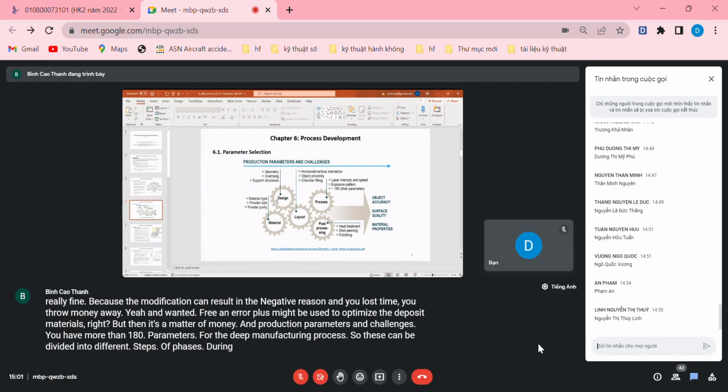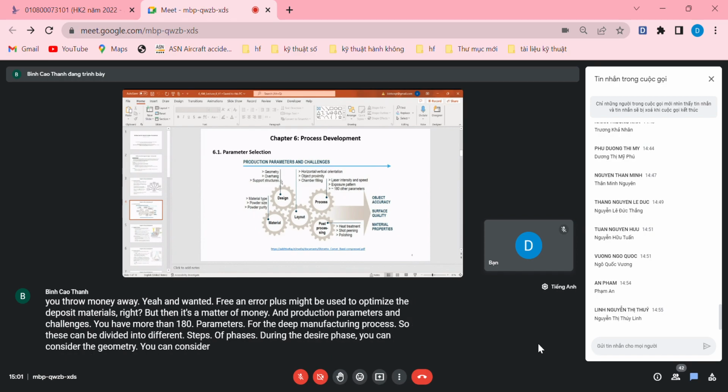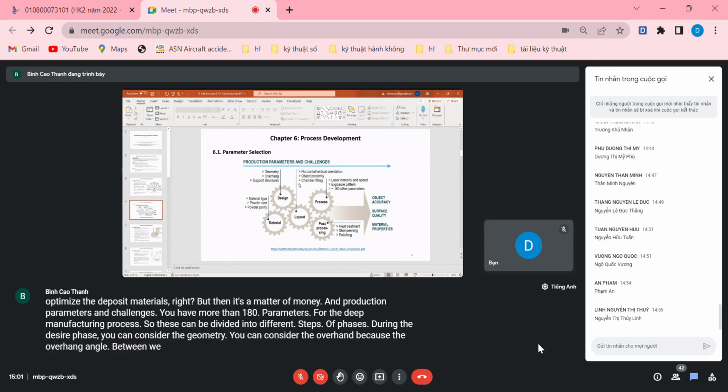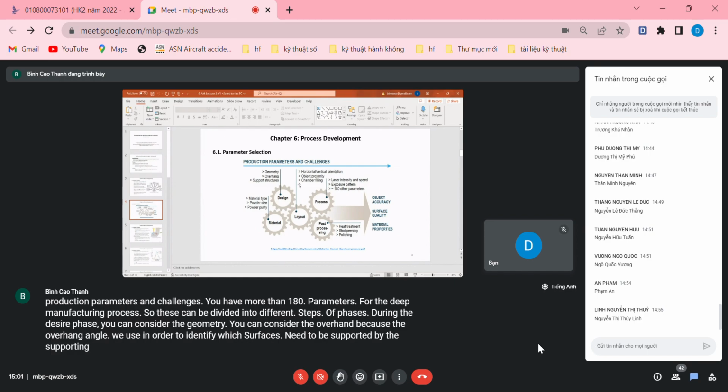During the design phase, you can consider the geometry, and you can consider the overhang, because the overhang angle will be used to identify which surfaces need to be supported by supporting structures.